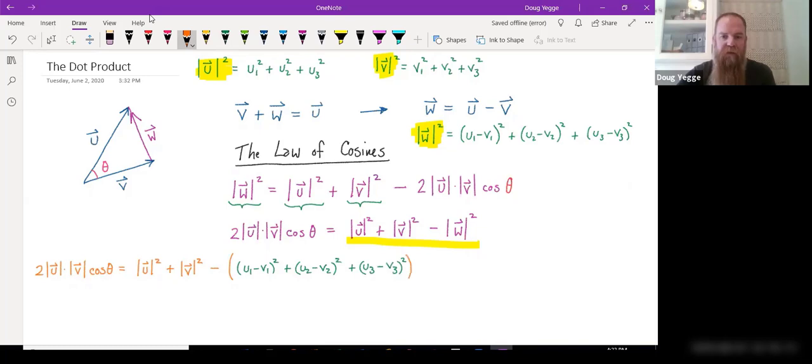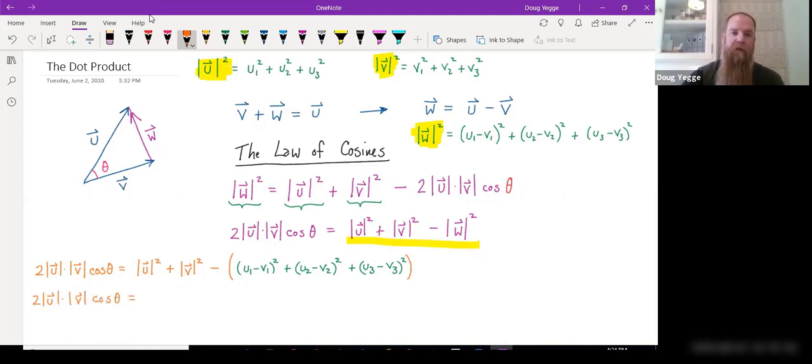Now we're going to notice that if we expand all of that quantity out, we're going to see some quantities that are going to cancel out with these magnitude of u squared and magnitude of v squared. Okay, so let's go ahead and do that. So we still have 2 times the magnitude of u times the magnitude of v times cosine of theta.